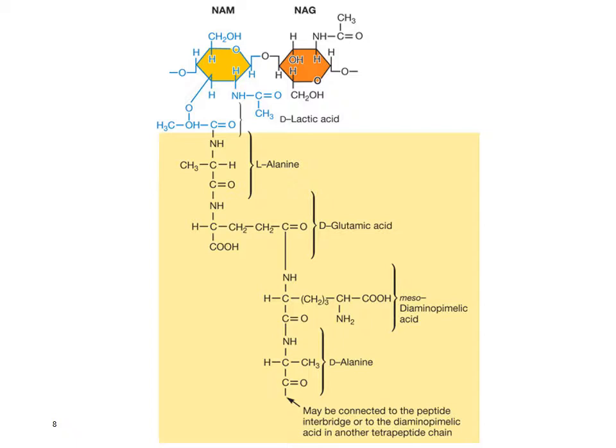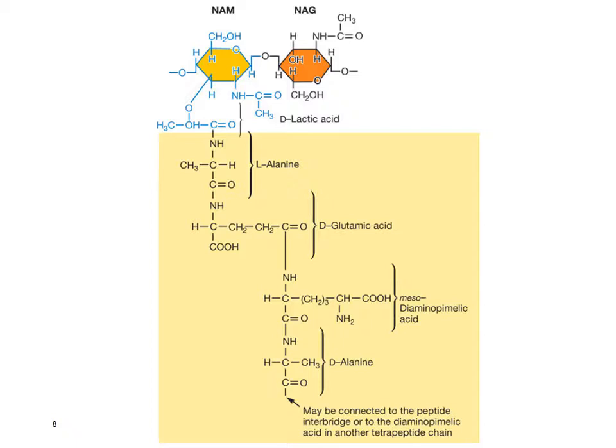Now, what's interesting is that 3 of these amino acids are not normally found in proteins. That is D-glutamic acid, D-alanine, and diaminopimelic acid. You can see, due to the prefix, that these are D-isomeric forms. Normally, amino acids are L isomers.